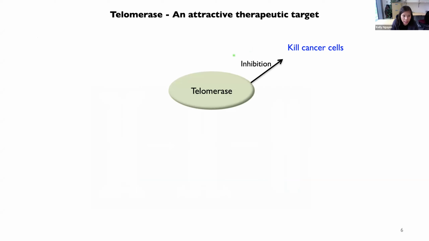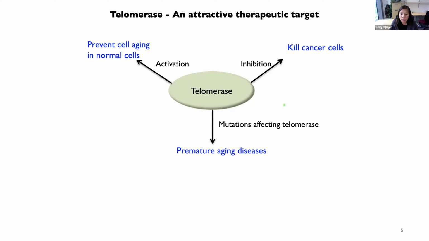On the other hand, if you can activate it in normal cells, which normally don't have telomerase, then one can think about a way to prolong the age of the normal cells. And also what we know is that there are a number of disease mutations that compromise telomerase function in the cell. This actually leads to a range of premature aging disease pathologies. So in multiple ways we can look at how we can use this as a drug target.